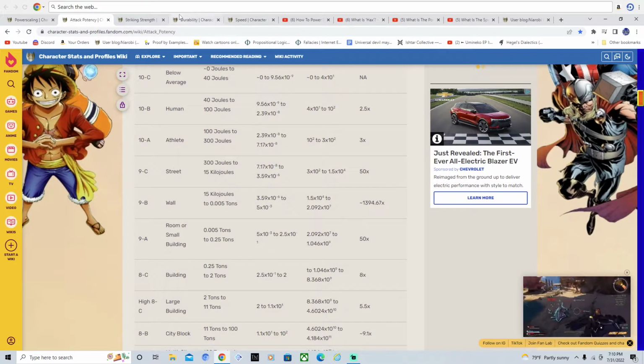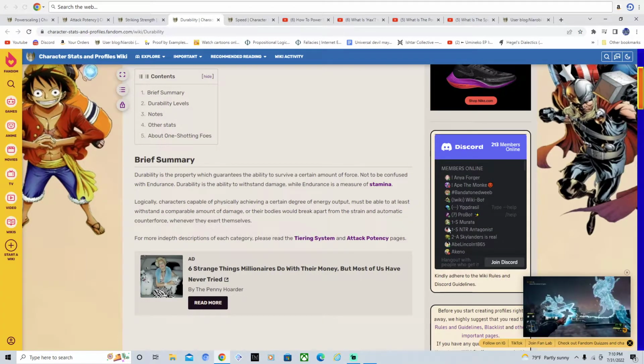Well, in durability, there's another metric called stamina. In stamina, it's more or less your ability to continue fighting. It could take the form of how long you're able to fight for, how much damage you're able to withstand before you fall over, or how many attacks you're able to output before you get tired. So, say you have the person who got hit by an attack that's 2 to 3 times their durability.